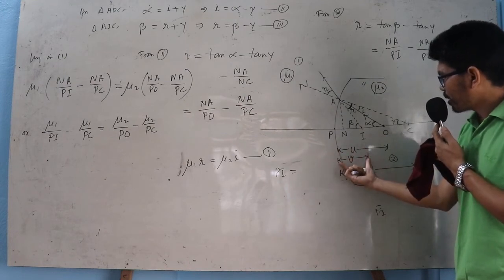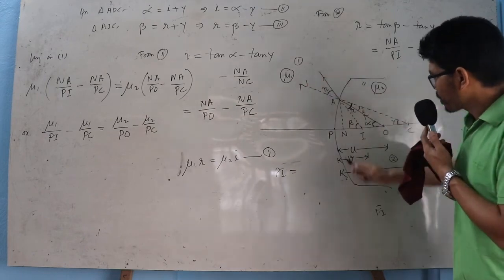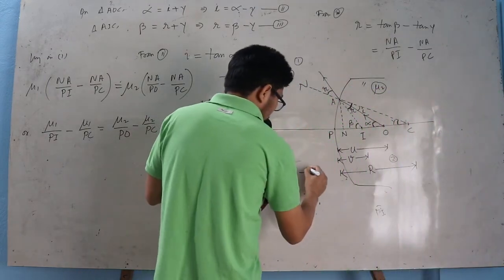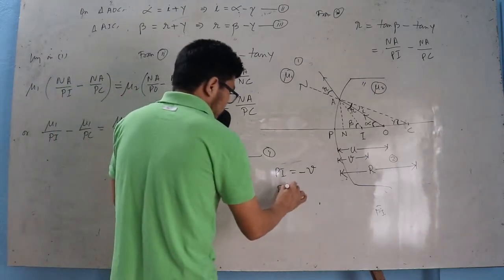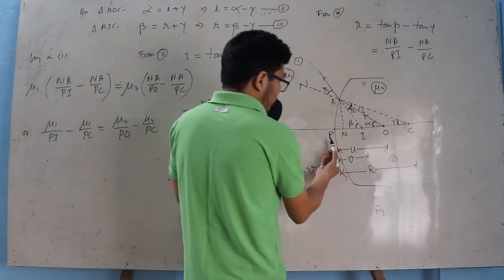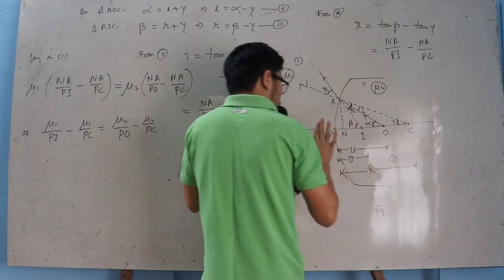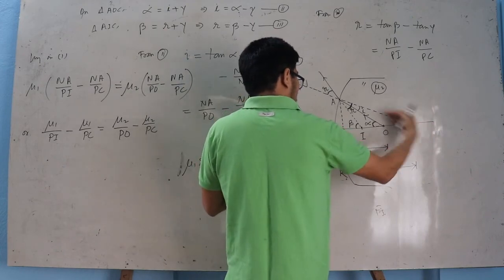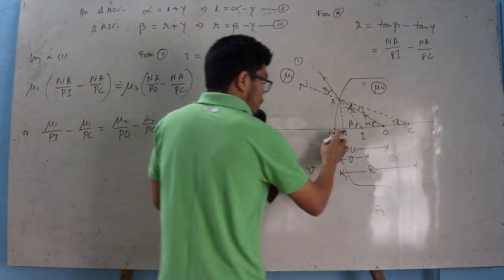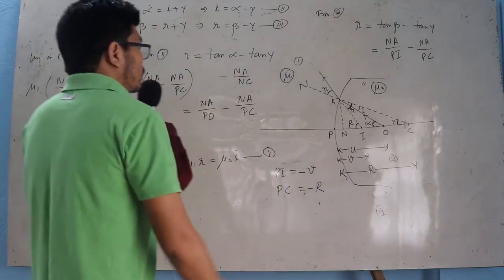PI is equal to V. Since you are measuring as PI, which is against the incident ray, so PI will be taken as minus V. Similarly, PC. If you look at the diagram PC, the measurement is done in this direction, from left to right, but the light goes from right to left. That is why PC is equal to R. This will be negative again.